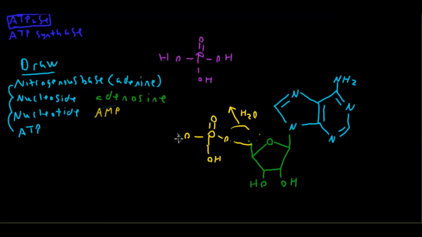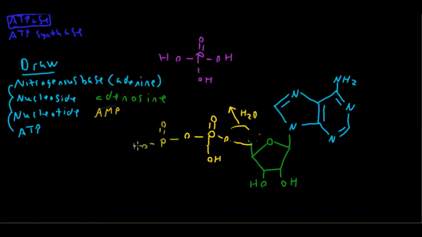Okay, so we erase that H, and that means we have to get rid of this H and this oxygen. The way we're going to do that is by dehydration synthesis, where you lose 2 H's and 1 O. So like I said, we're going to lose this O, this H, and we already lost this H.